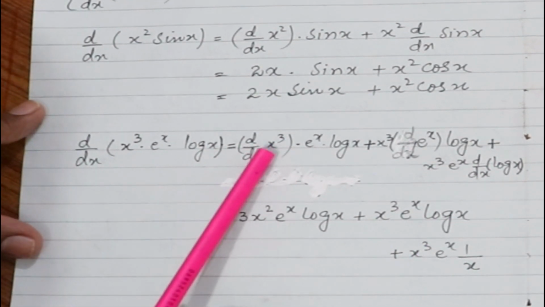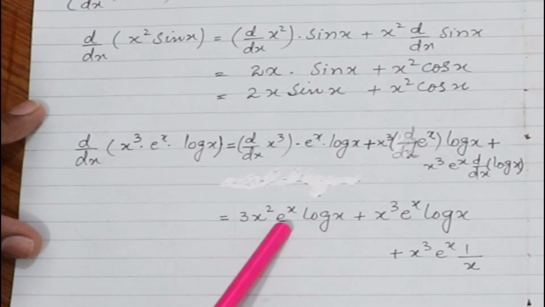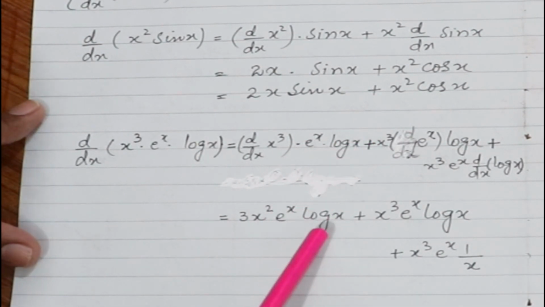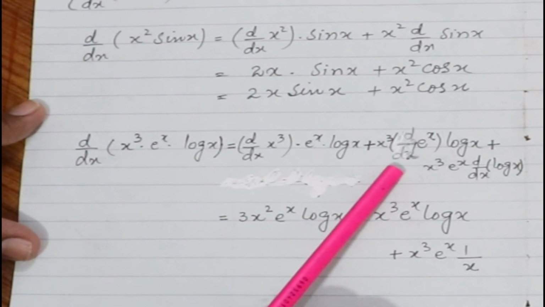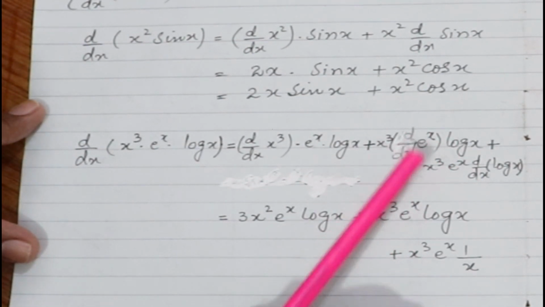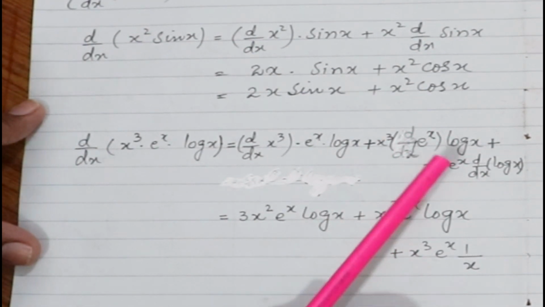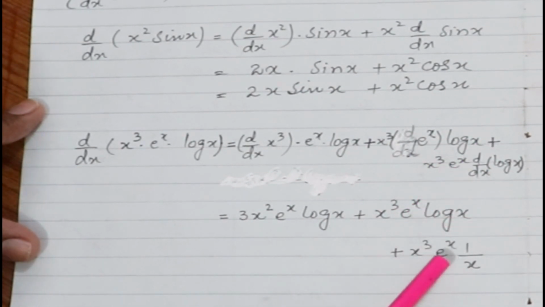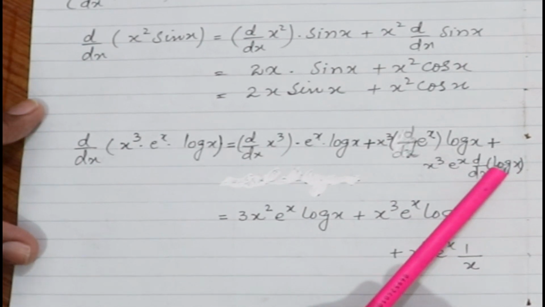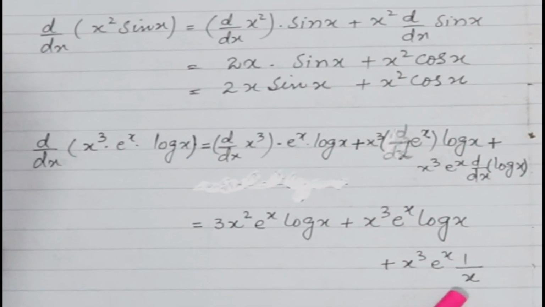Derivative of the first function will be 3x square multiplied by e^x multiplied by log of x, plus x cube, the derivative of e of x, exponential function, will be the same, e of x and log x will be the same, plus x cube, exponential function, and the formula of log of x will be 1 upon x.